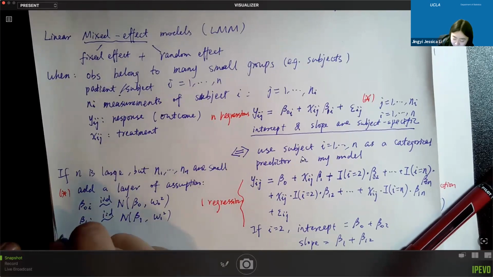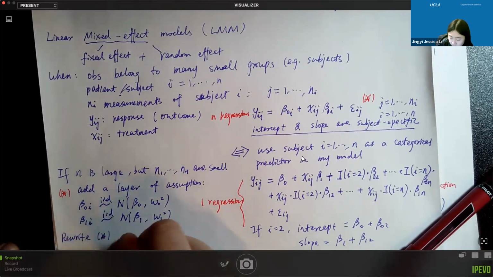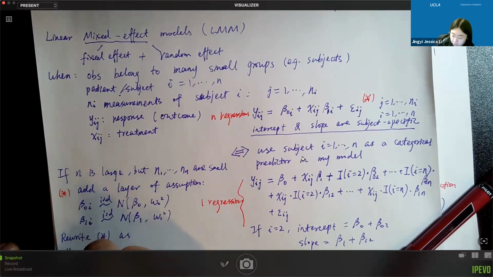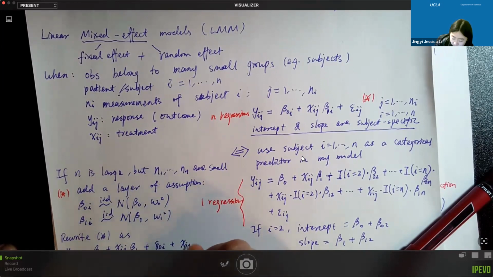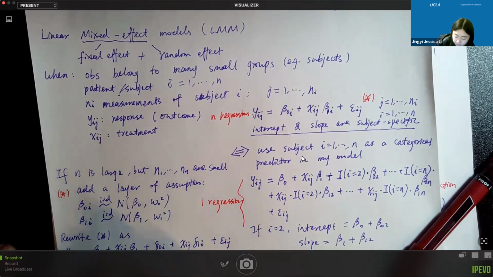So I can rewrite star as Yij equals beta 0 plus Xij beta 1 plus delta 0i plus Xij delta 1i plus epsilon ij, where delta 0i follows IID normal distribution mean 0, omega 0 square, and delta 1i IID normal mean 0, omega 1 square.